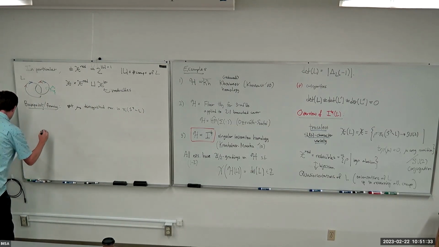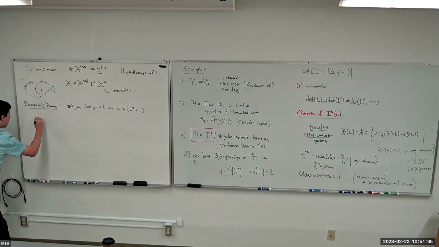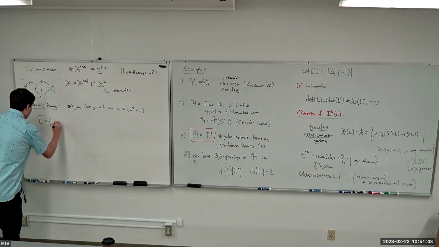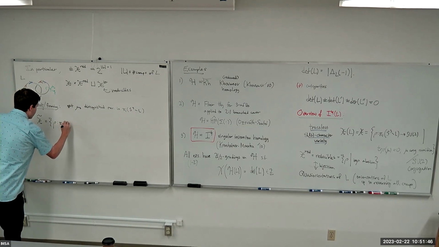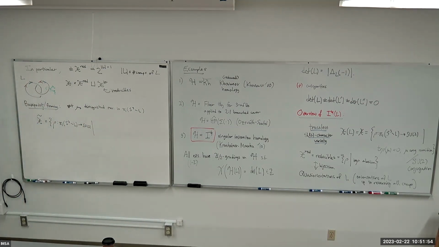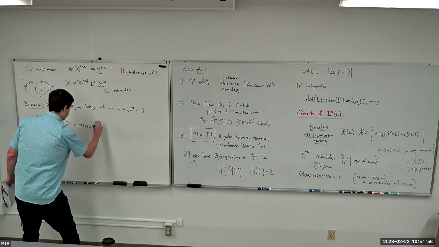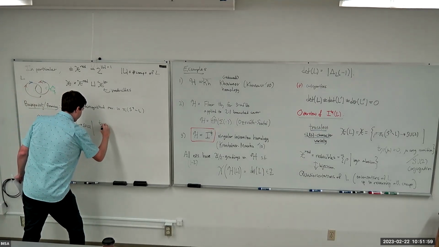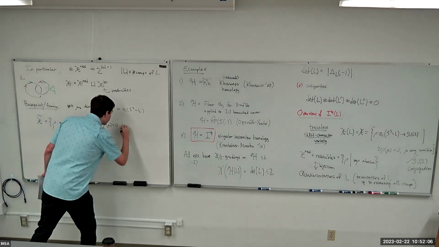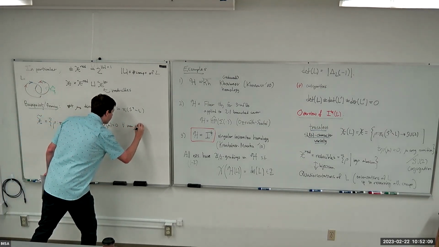Then we can define what I'll call x tilde of our link, which will be the representations from pi1 of the link complement such that we still keep the condition that the trace around all meridians is equal to 0.